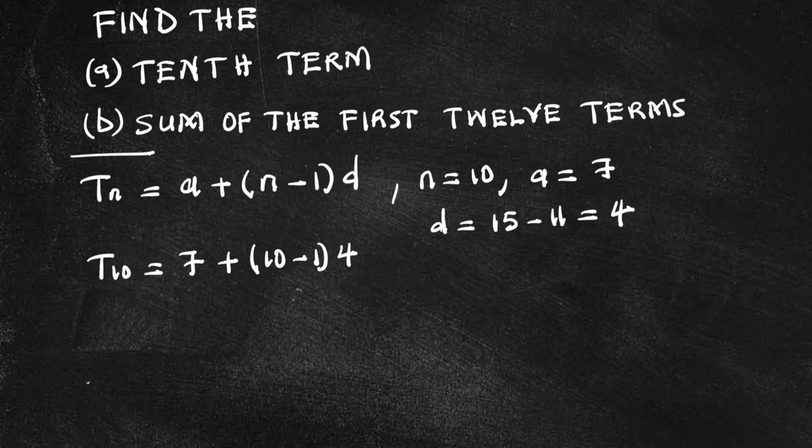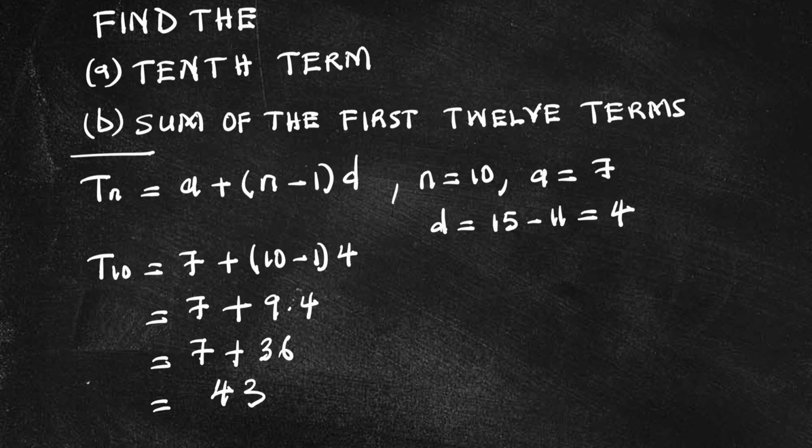So this is 7 plus 10 minus 1, which is 9, multiplied by 4. 9 multiplied by 4 is 36. Then we add 7 plus 36, and it gives us 43. Therefore, the 10th term is 43.